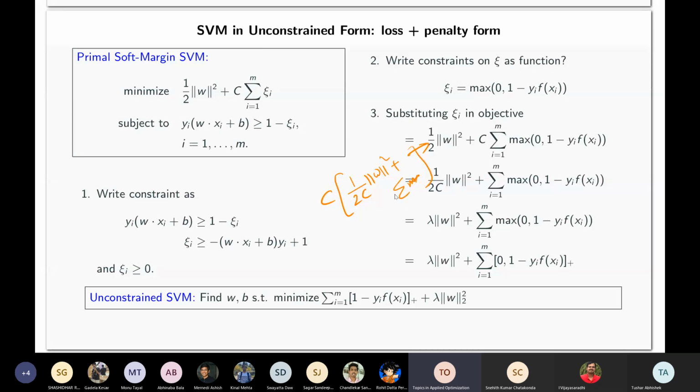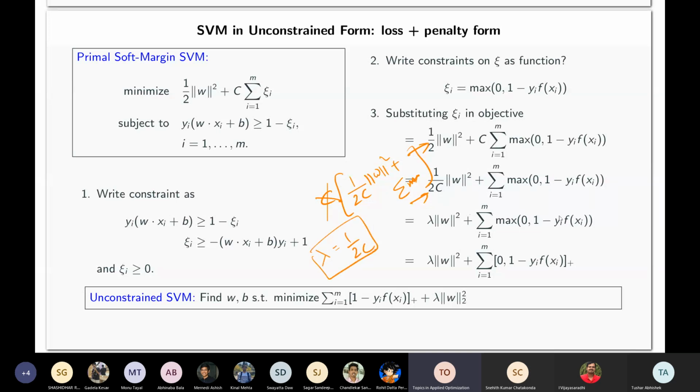Constants can be removed because that doesn't change the optimality. Then 1 by 2C can be taken as lambda, so lambda is equal to 1 by 2C.